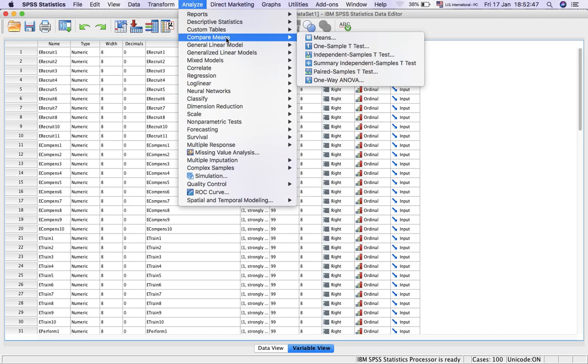Specifically it's for two categorical variables. It compares the frequency of cases found in various categories, and I'm sure this is found under nonparametric tests.